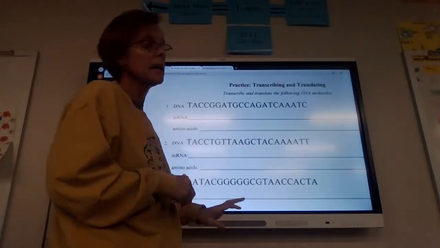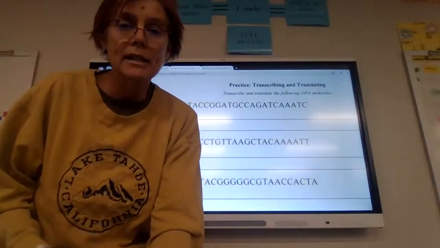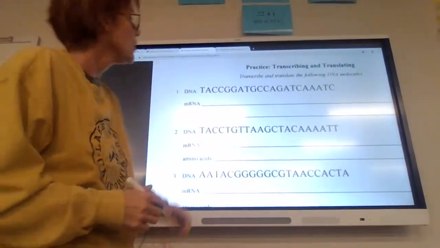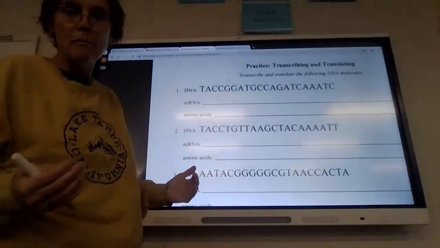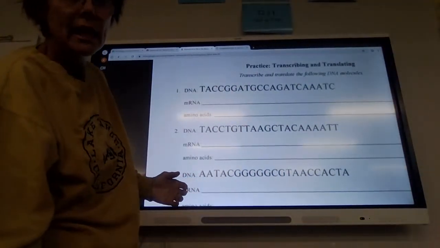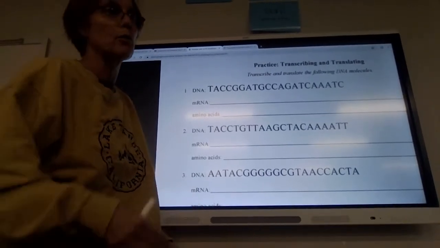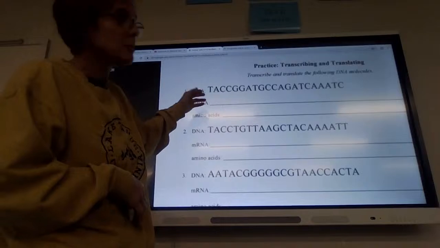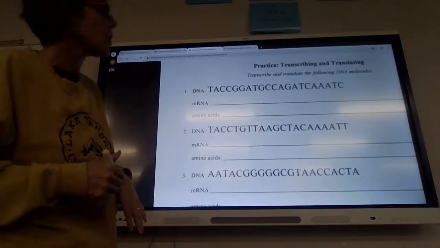Here's number one: you transcribe it just like you're doing DNA. Just remember that there's no T in messenger RNA, so wherever I would put a T, I put a U instead. Complementary base pairs: apples grow on trees, cars go in the garage.